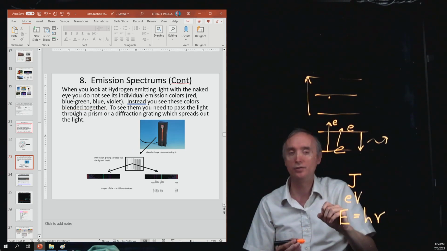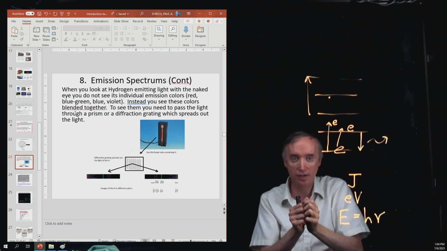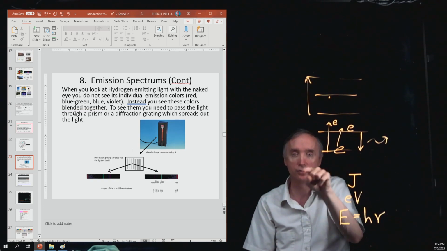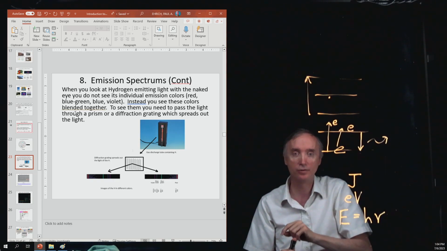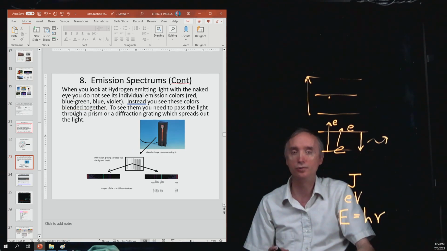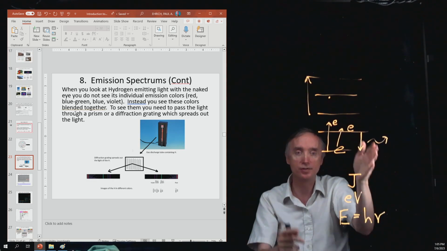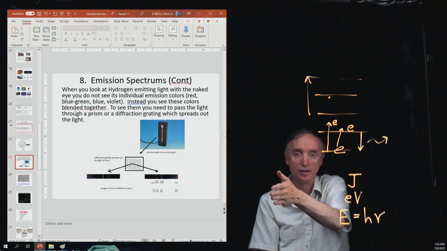But we need to separate the individual colors. All of those individual colors are blended together to give you the color that you're seeing coming out of that electrical device.